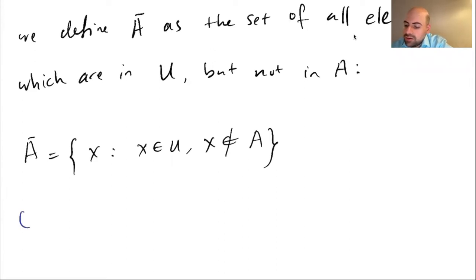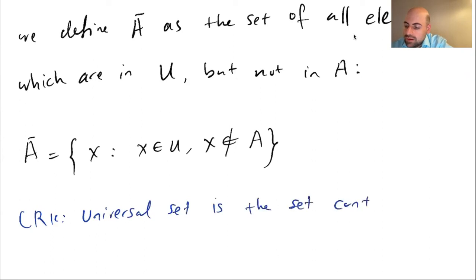So remark: a universal set is the set containing all elements in the context.